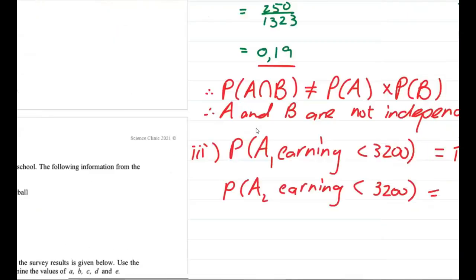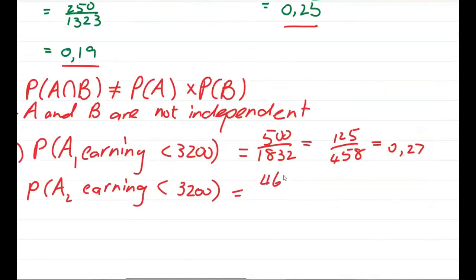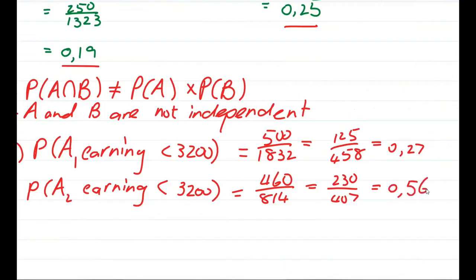Yes, 460 over 814. So what is that simplified? 230 over 407. And what's that decimally? 0.57. Yes, 0.57, you're right.